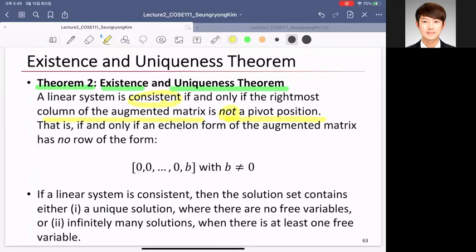That is, if and only if the echelon form of the augmented matrix has no row of the form 0, 0, 0, 0, 0, b with b not equal to 0. These two statements are the same. We already saw this.